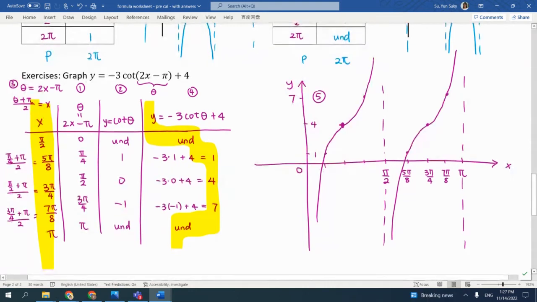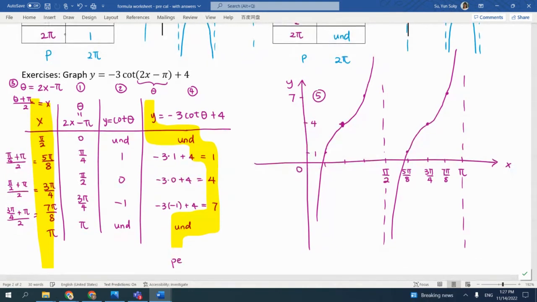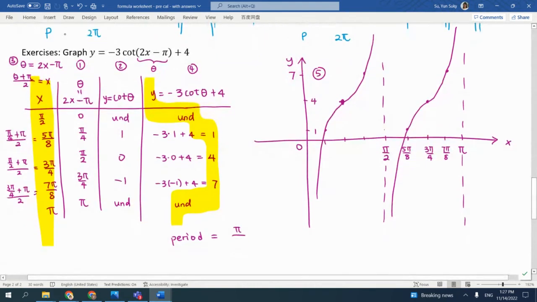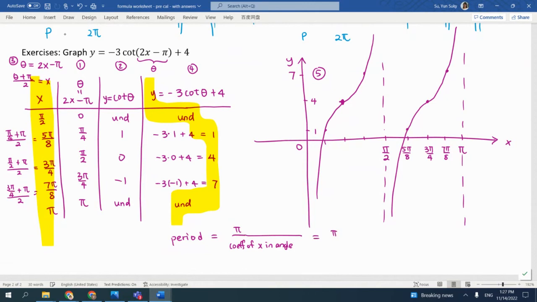And now, questions. What's the period of this function? What's the period of cotangent? Pi. And then you divide it by the coefficient of x. Is that okay, everybody? So you divide it by the coefficient of x in the angle, which is 2.